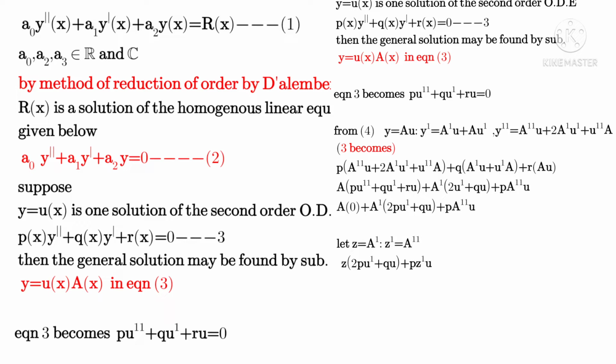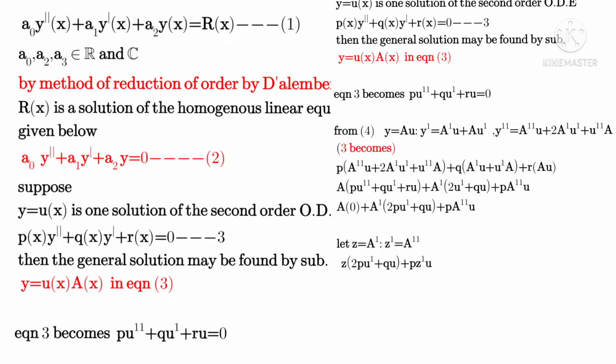On substituting y equals u of x, our equation 3 can be written as pu'' plus qu' plus ru equals 0. And we already made an assumption that y equals u of x. So this means that it can still be written as y equals a of u.